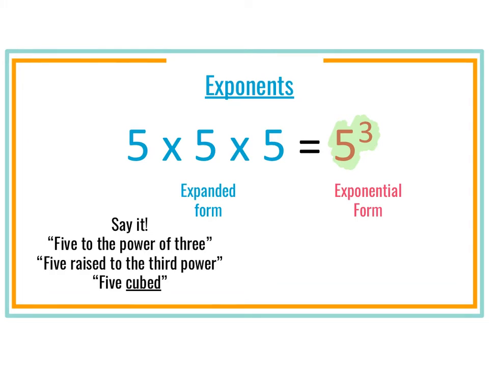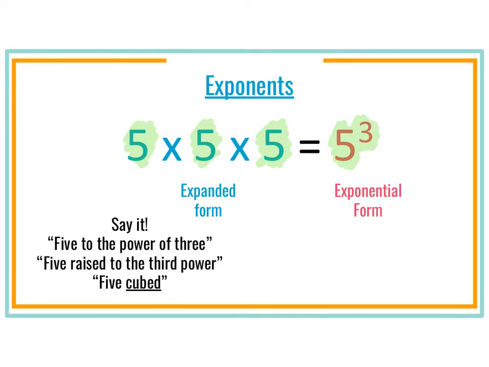This is written in exponential form. We know that the exponent tells us how many times to multiply out our base number. To the left of this, we see 5 times 5 times 5. 5 is multiplied out 3 times. This is called the expanded form.